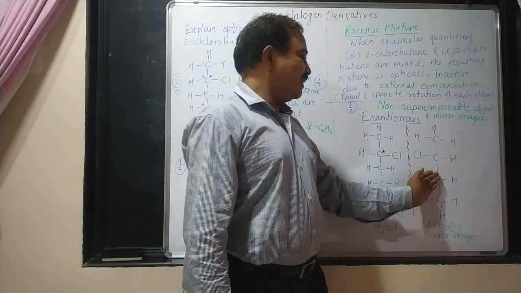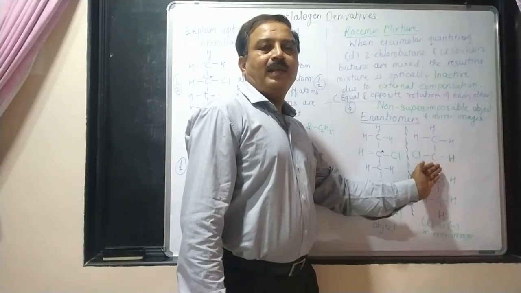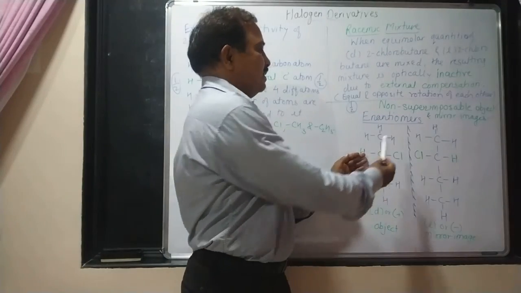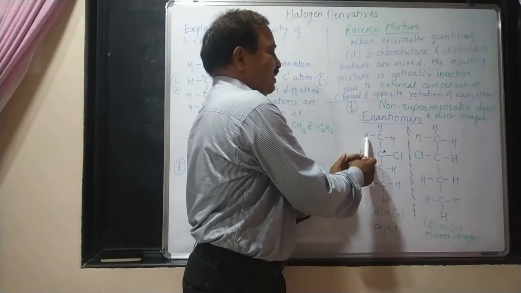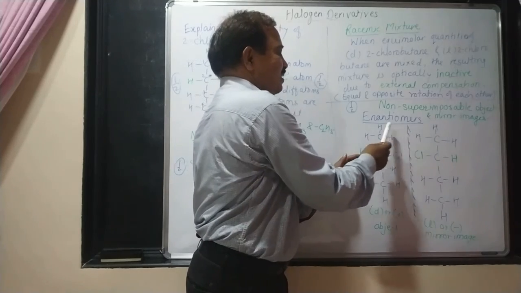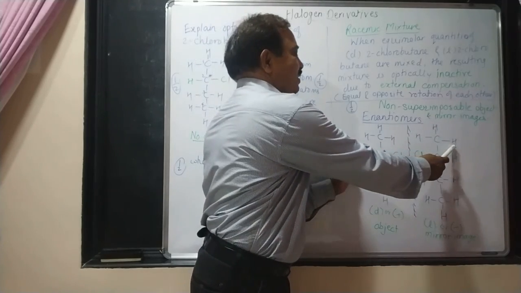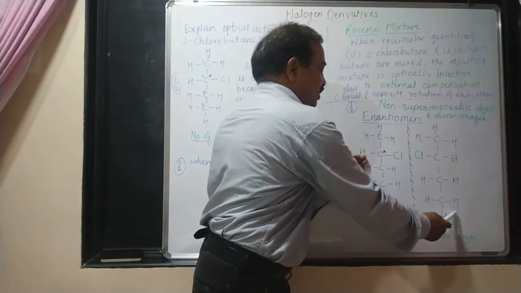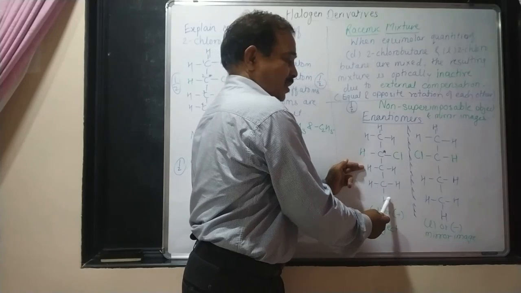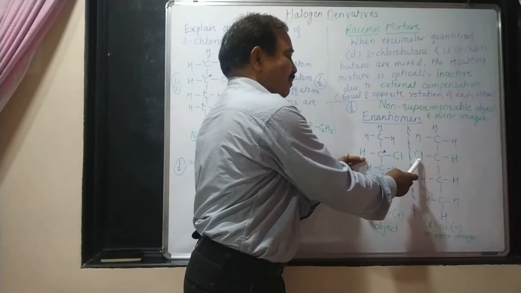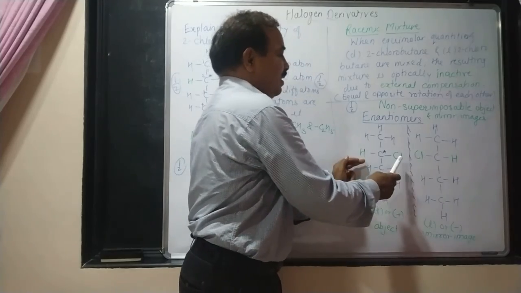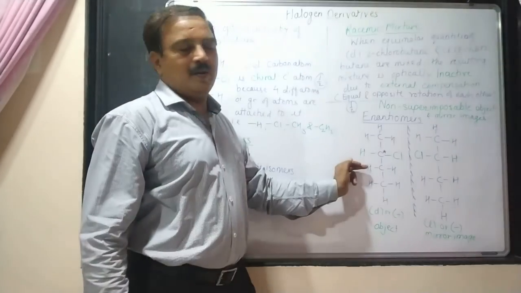Now if I take this levorotatory compound, lift it up, and keep it on this one, what will happen? Below this hydrogen atom, there will be this hydrogen atom. Below this hydrogen, there will be this hydrogen atom. Below this hydrogen, there will be this hydrogen atom. And below this C2H5, there will be C2H5. But below this chlorine atom, there will be hydrogen, and below this hydrogen atom, there will be a chlorine atom.